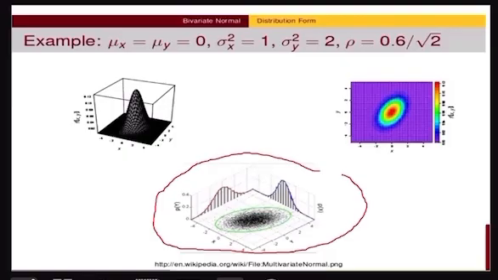Let me start with the black scatter plot. You can see the black scatter plot, all those dots. They represent the data points from the bivariate distribution. They represent samples from the bivariate normal density.